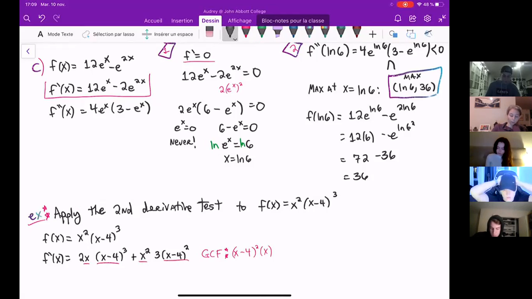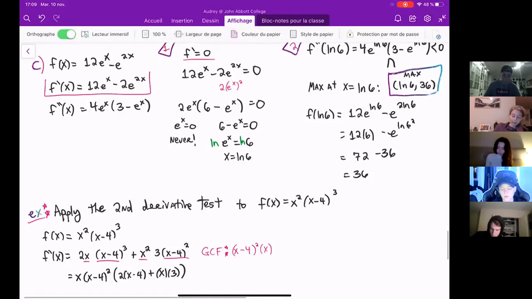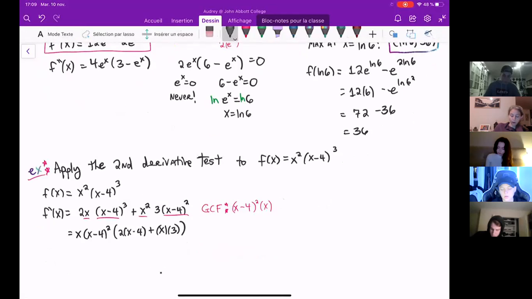We take the lower power. So I get x times (x minus 4) squared times [2 times (x minus 4) plus x times 3]. So f prime of x is equal to x times (x minus 4) squared times (5x minus 8).